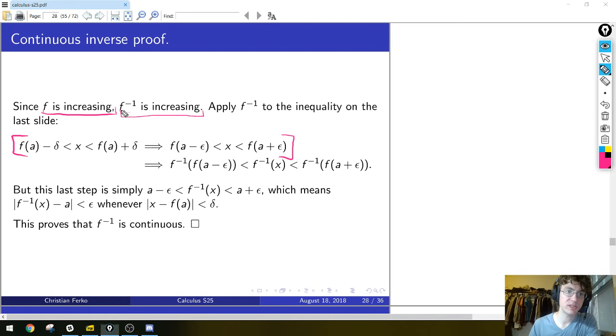And if the function is increasing, then you can apply it to an inequality and it preserves the direction, right? If it weren't increasing, you couldn't apply it to an inequality. It would destroy the inequality. But since it's increasing, we apply f inverse to all three of these terms. You apply it here, here, and here. That gives you the next line.